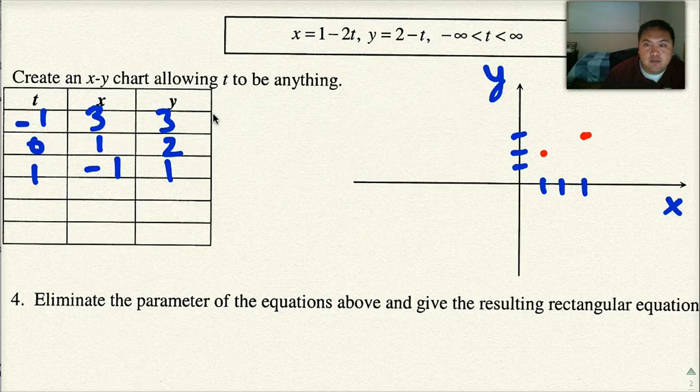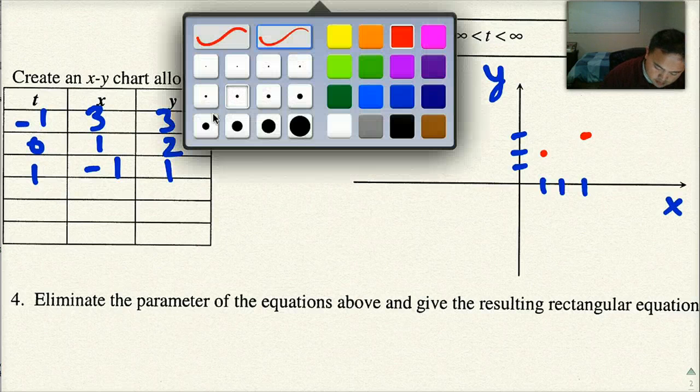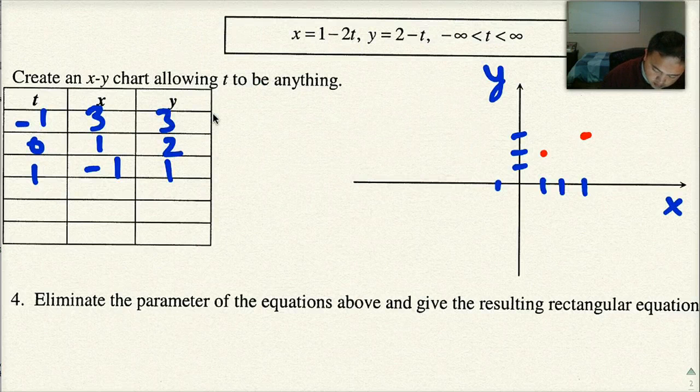And the last one is -1, 1. So it looks like this. I don't know if it'll curve or look any different. Oh, I did it right. So far it looks like that, and I don't know how the rest of the curve looks.